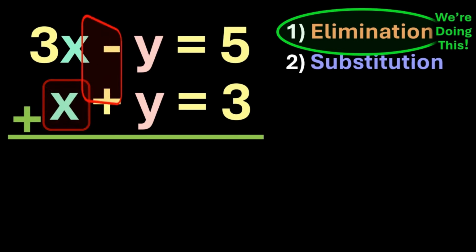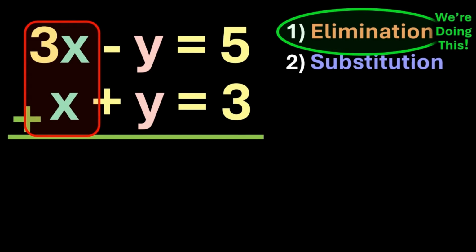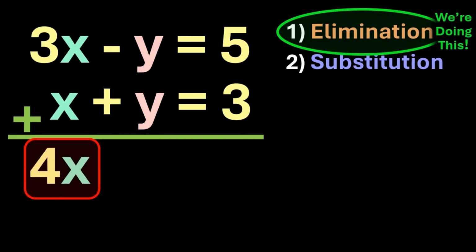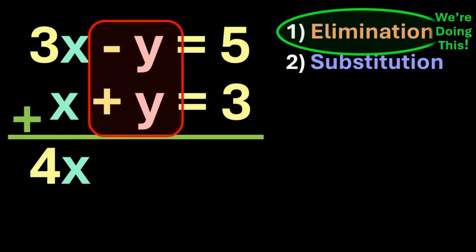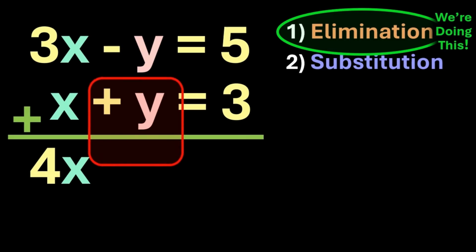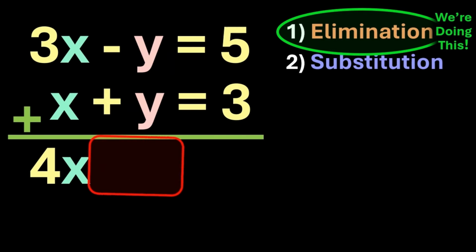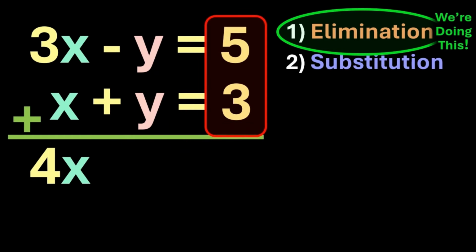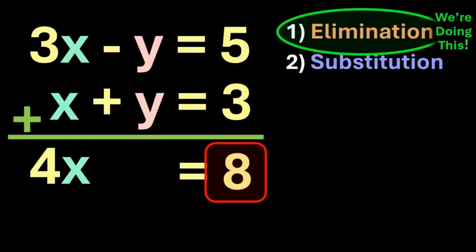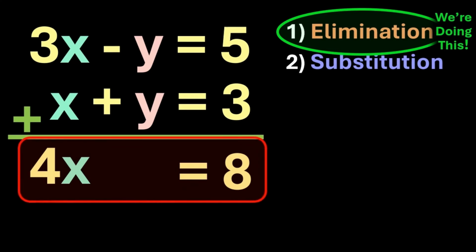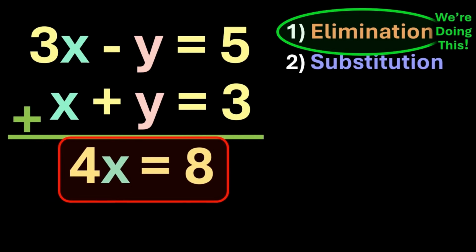So in this pair of equations, 3x plus x equals 4x and minus y plus y equals 0, which we can simply ignore. And on this side, 5 plus 3 is 8. We have successfully eliminated y, and now we have a single variable equation, 4x equals 8.